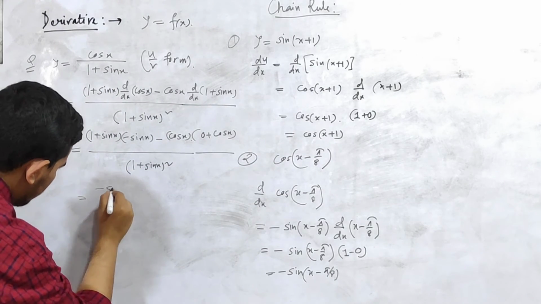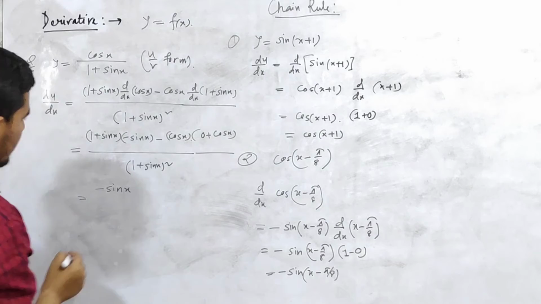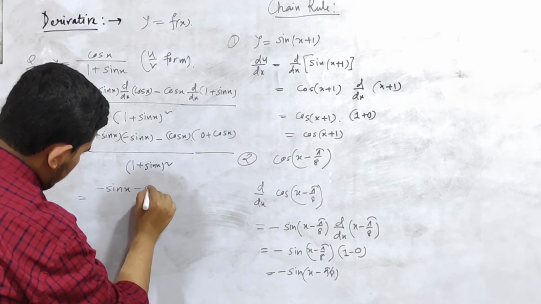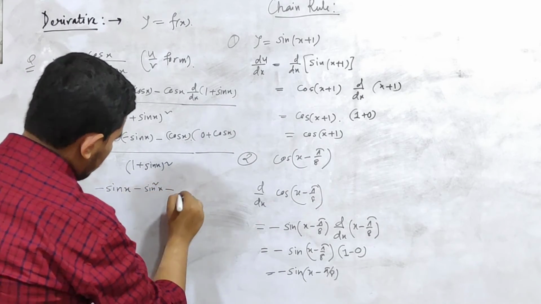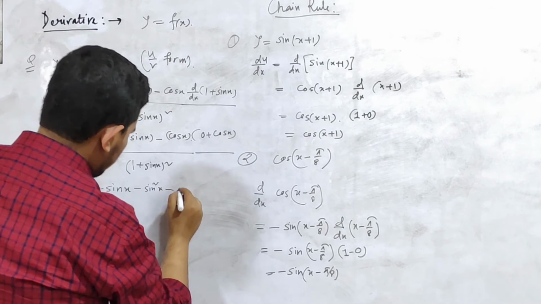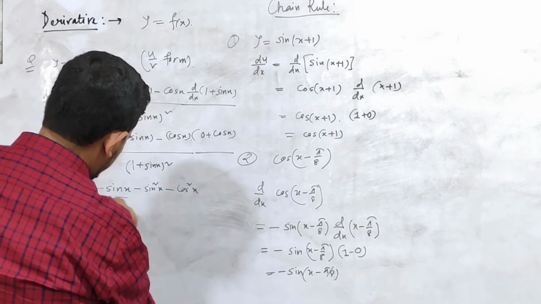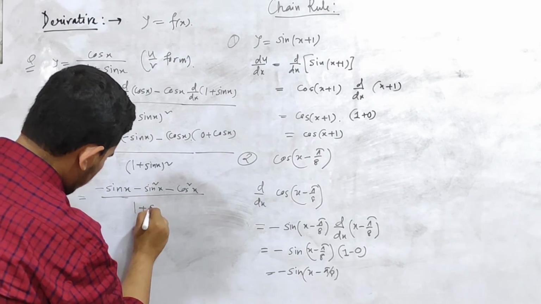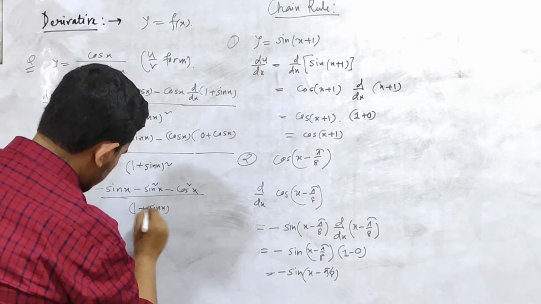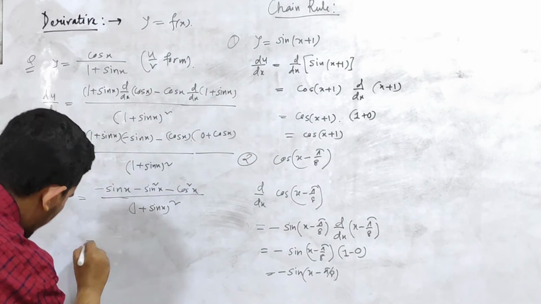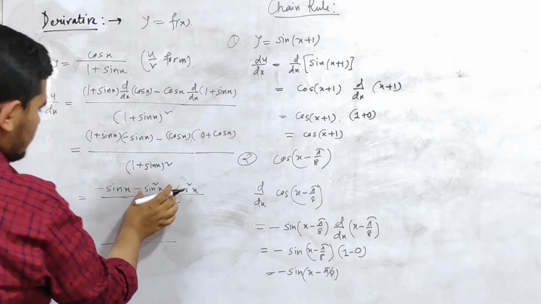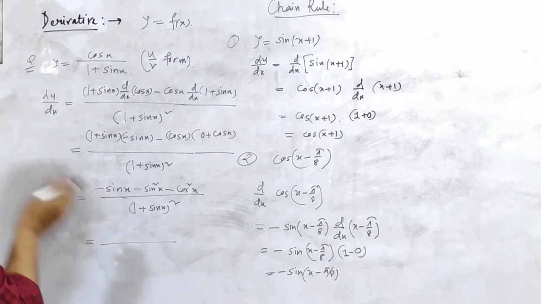So when I simplify, this will be 1 minus of sin x, minus of sin square x, cos of, this is 0, so cos square x, 1 minus sin square x.